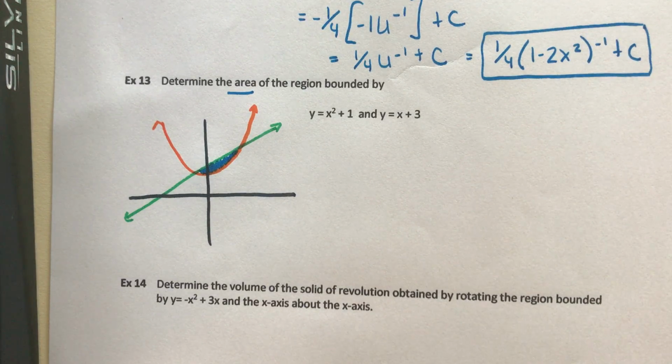Okay, so my orange line is my parabola, x squared plus 1. My green line is my x plus 3.